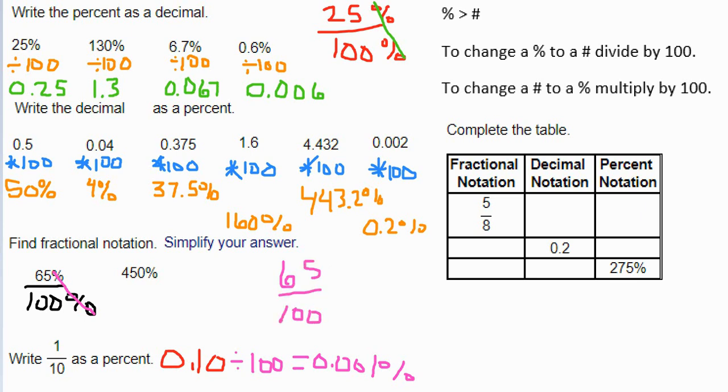Both numbers are divisible by 5. So this is a fraction form, 65 over 100, but it's not simplified yet. If we divide them both by 5, that would give us 13 over 20. And since 13 is prime, we know we're done at that point. For the 450%, we can divide this by 100%.